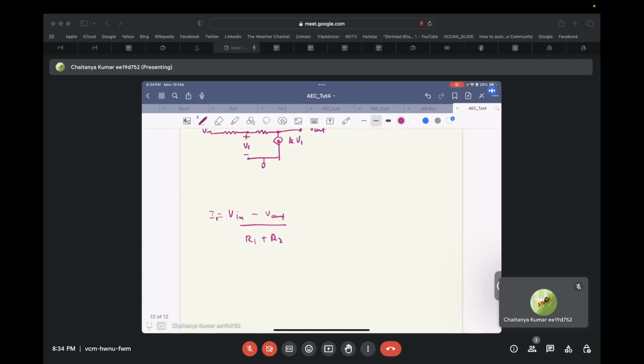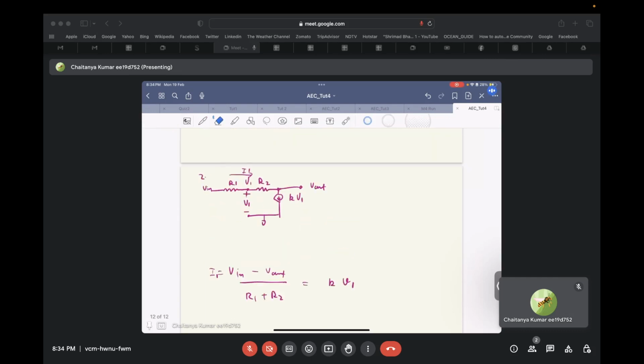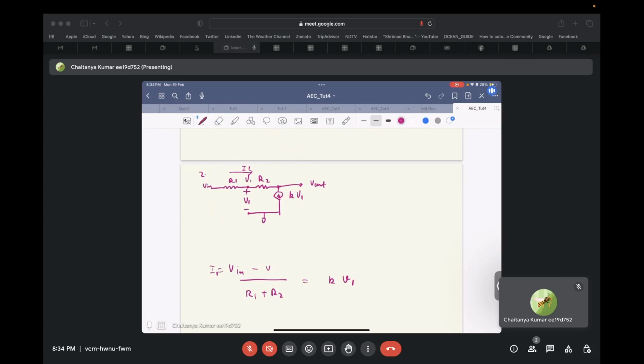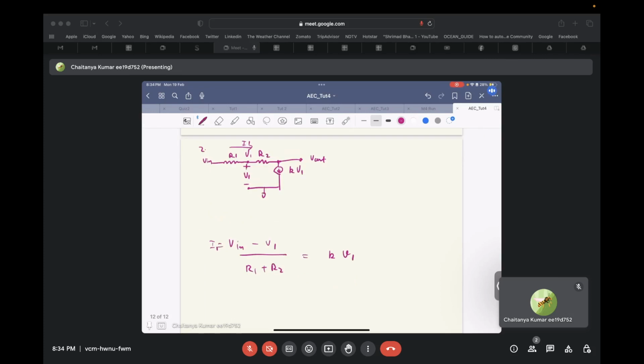Okay, this is equal to K times V1, or Vin minus V1 upon R1 plus R2 is equal to K times V1. That is the current that is being taken by the current source.